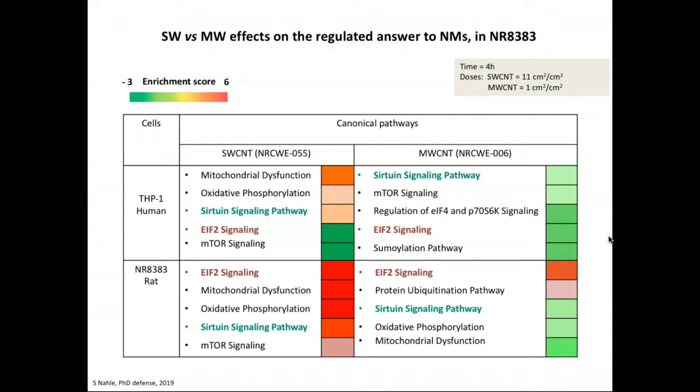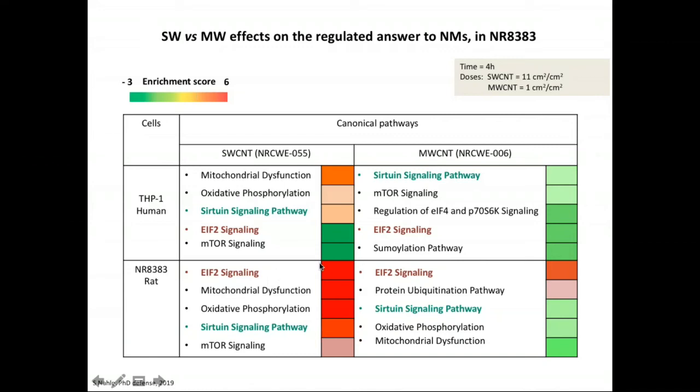What was quite surprising is that we found the same pathways dysregulated. But what was interesting is that for the single wall, we have mainly an activation of the signaling pathway, but for multi-wall carbon nanotubes, it was a decrease of the activation of this pathway.